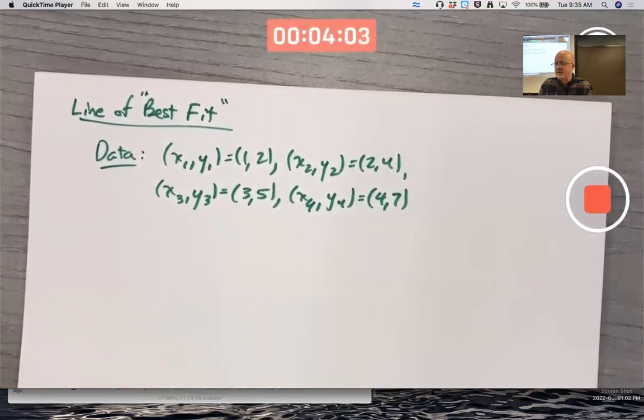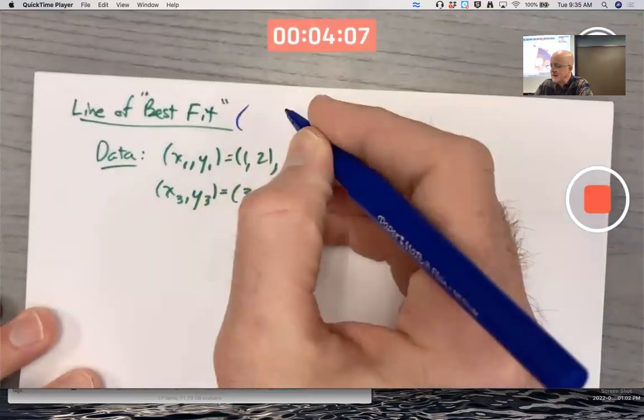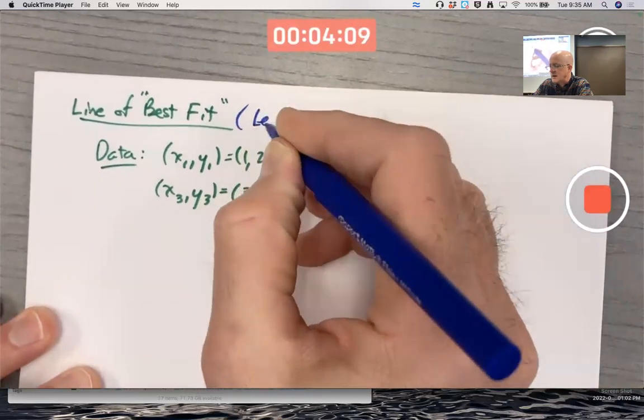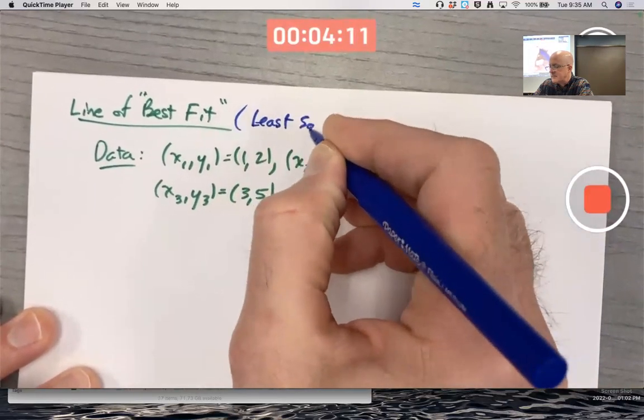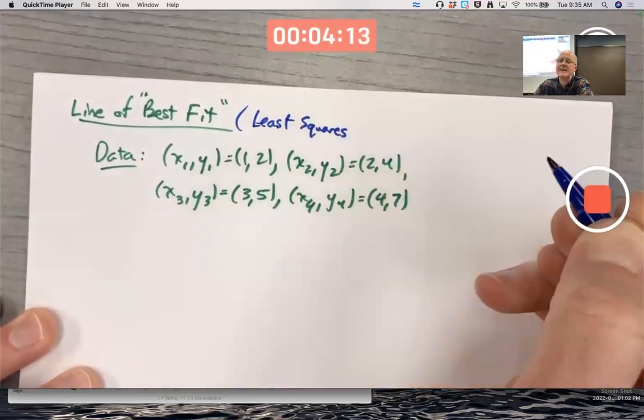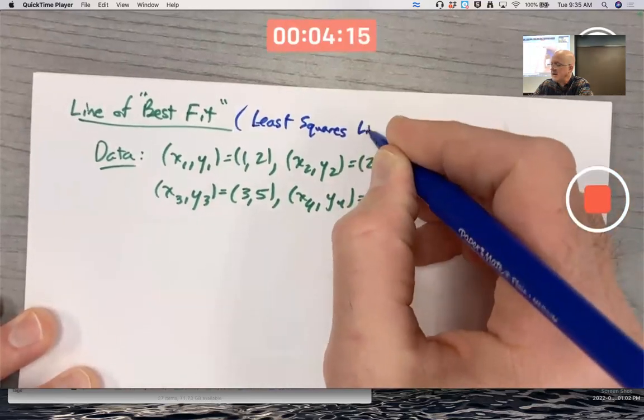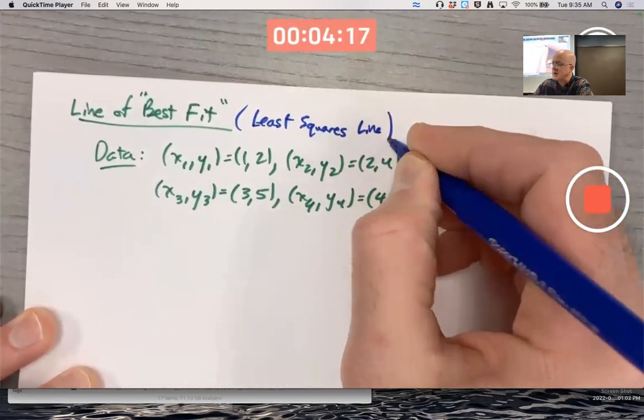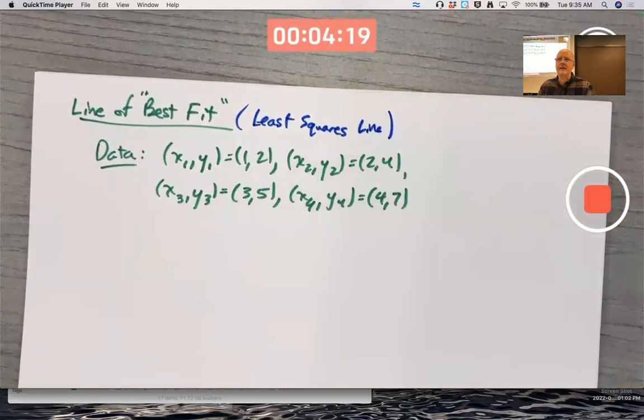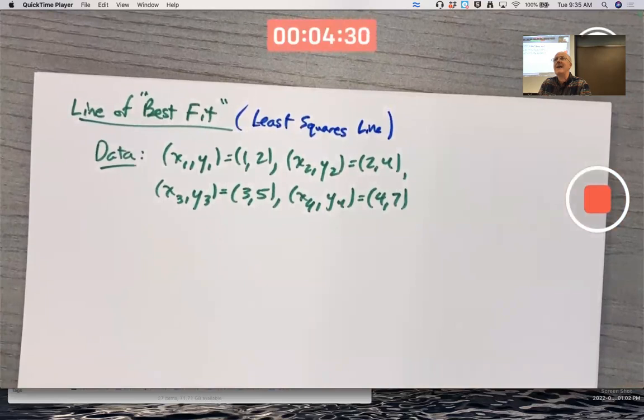Here I want to think of it as a line of best fit, or you could also add least squares line, as our more technical description of what it means to be a line of best fit. So we want to approach this by hand as much as we can here at the beginning of class today. And then we want to transition into the technology.